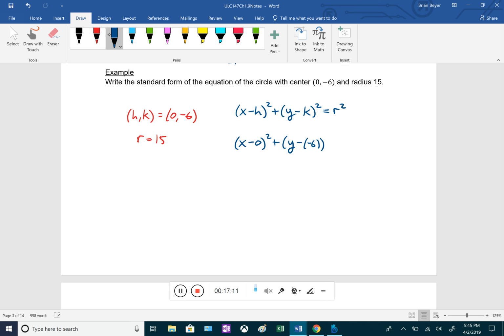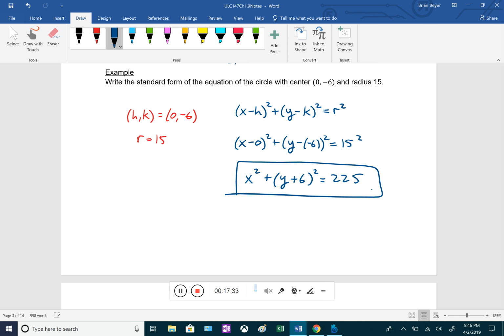So I just have to be careful with the negative, equals 15 squared. So (x minus 0) squared is just x squared. And then it's plus (y plus 6) squared because of the two negatives that cancel to the positive. And then 15 squared is 225. Okay, so that's the standard form of the equation of a circle.